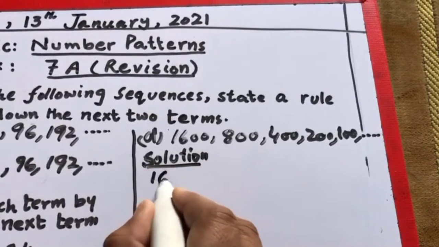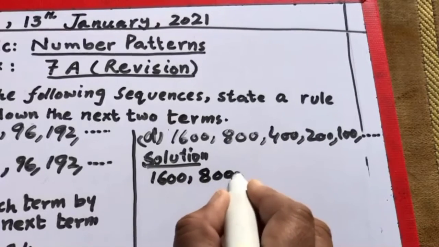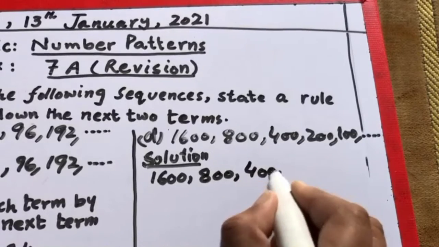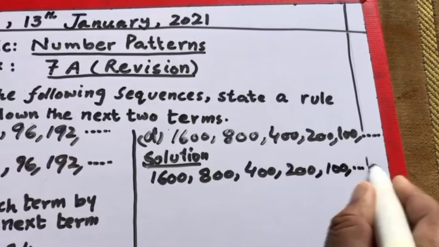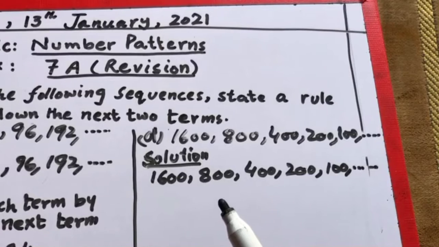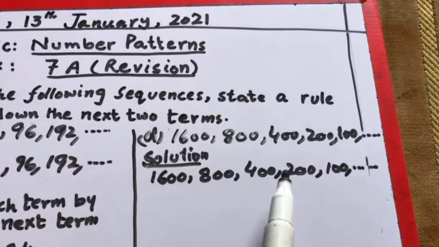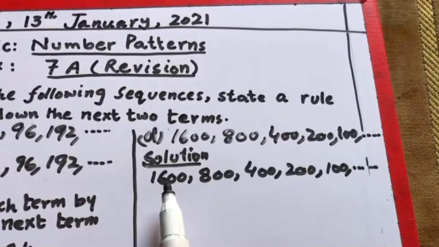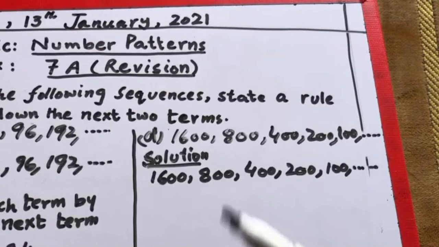So in the solution, we will write the number sequence once again: 1600, 800, 400, 200, and 100, and so on. Some terms of the number sequence are given. If we observe the number sequence, we notice that the numbers are gradually decreasing, and if the numbers are decreasing, then they must be subtracting, or they must be being divided.